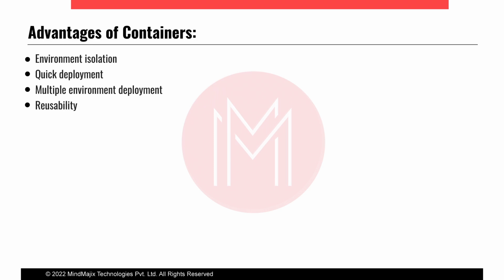The main advantage, as we have already discussed, is environment isolation. It works in a closed environment where changes made to the host OS or other applications do not affect the container, because the libraries needed by a container are self-contained. It is within the container, and the application can run without any difficulty.